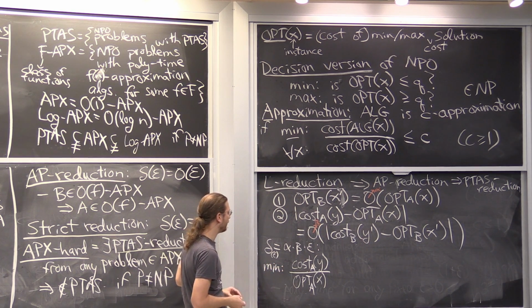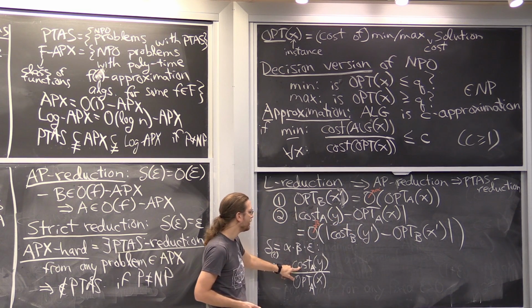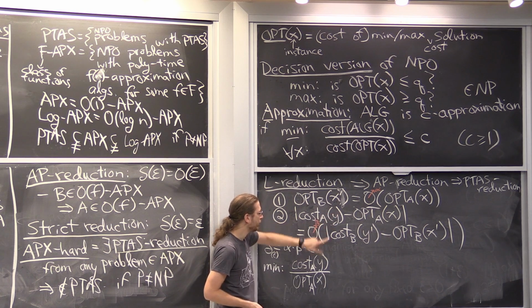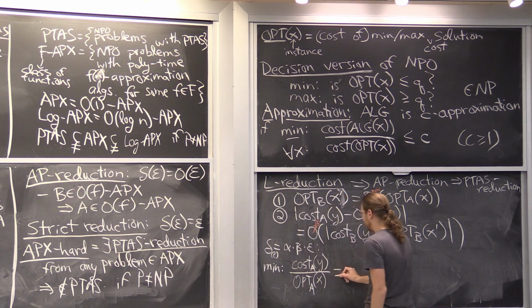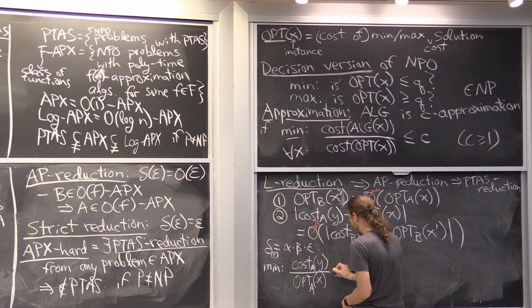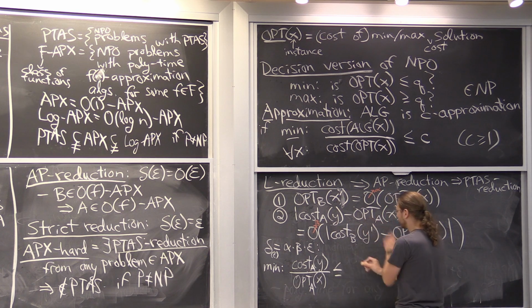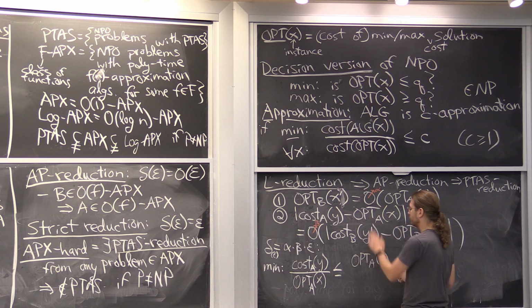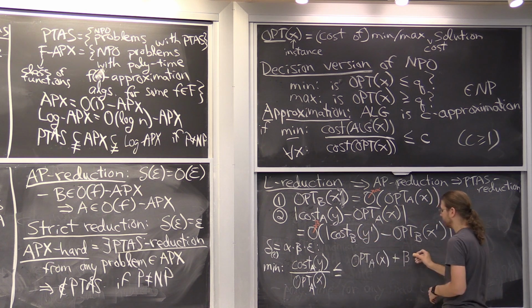So let's say that cost of A is bigger than opt. Then cost of A is going to be opt plus this thing at most. So this is going to be at most opt of x plus beta. I'm not going to use the big O notation, just write the beta thing.